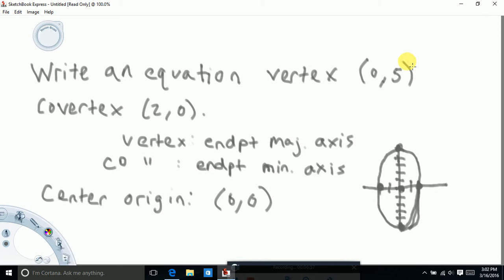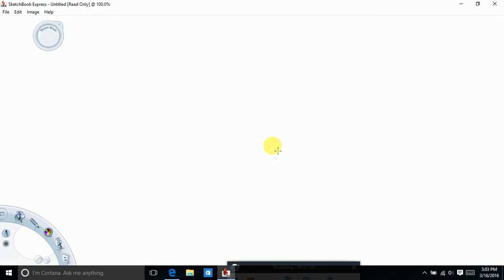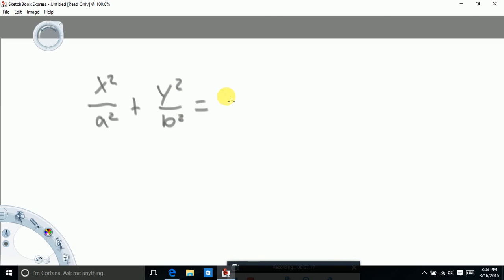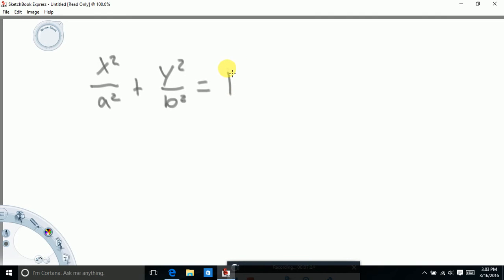So the standard form of an ellipse is the following: x squared over a squared plus y squared over b squared equals 1. Now, a is always greater than b.